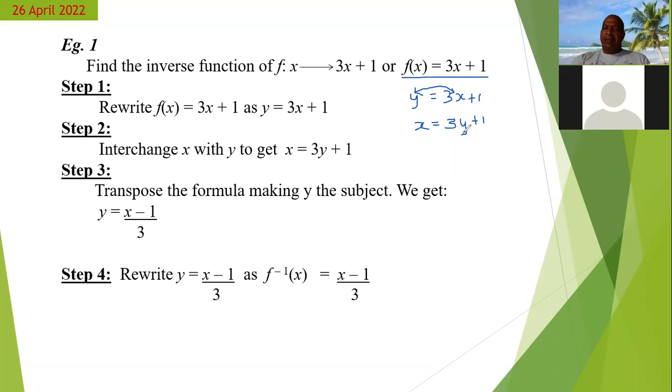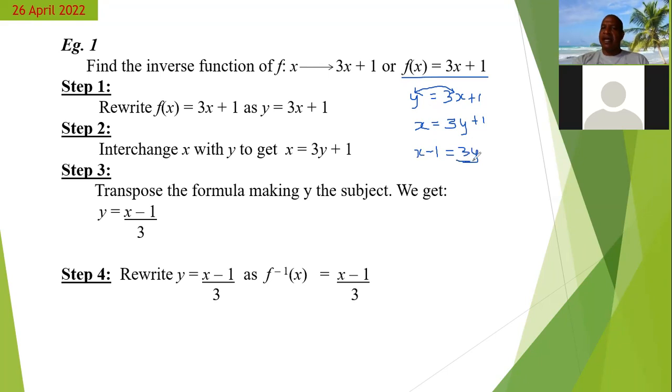Now the third step, we make y the subject. To make y the subject, we have to solve like when we solve an equation. Bring over the 1 over here. So we would have x minus 1 on the left hand side, and on the right hand side, we are left with 3y. Now, in order for y to be by itself, we have to get rid of this 3.